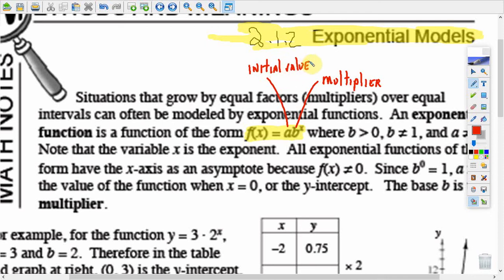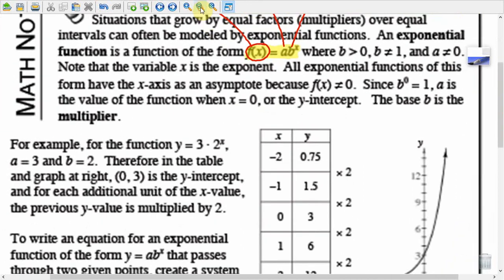And if we graph that, our initial value, where x equals 0, would be our y-intercept. And typically what we're solving for, that f of x, is our final value. It's our y. So a is our initial value, b is our multiplier.